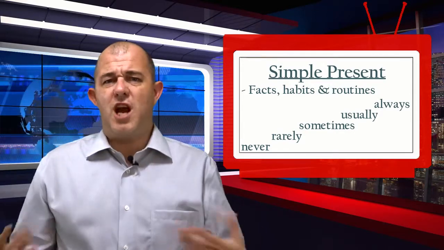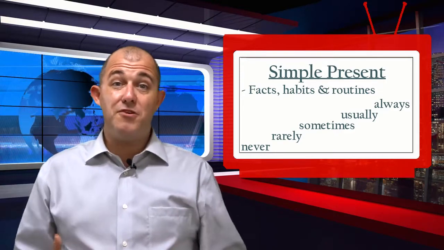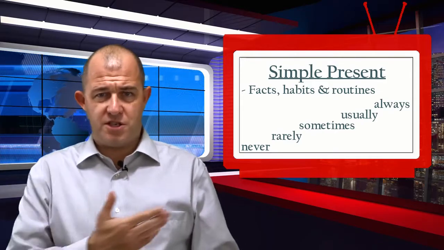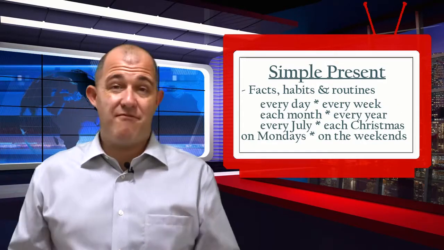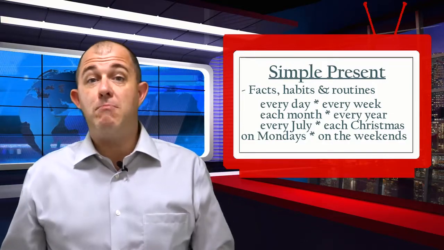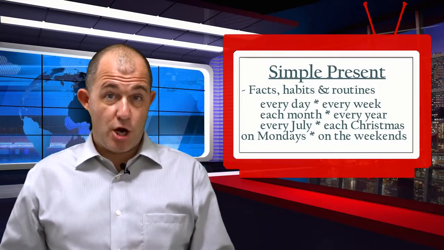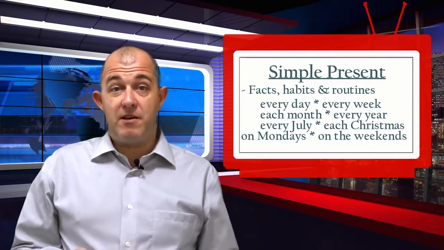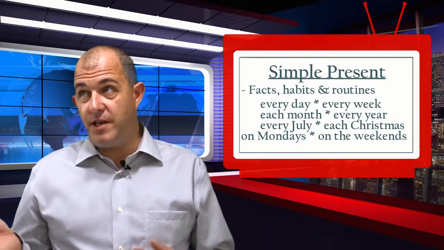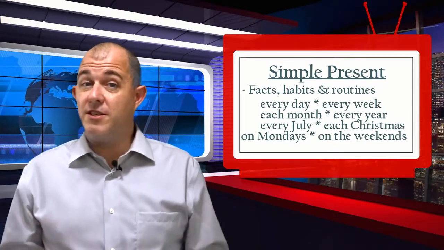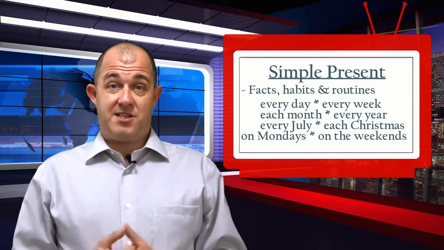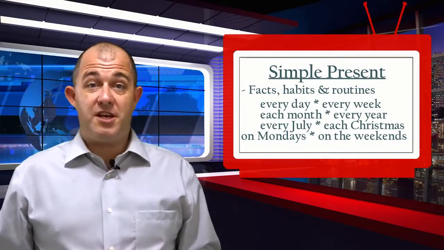For general time phrases that we use with simple present, we have so many, but here are just a few examples. We could say every day, every week. We can say each month, every year. If you want to talk about a specific month, you could say every July, every June, each August, each winter, each fall, each spring, each summer, each Christmas, each New Year's.